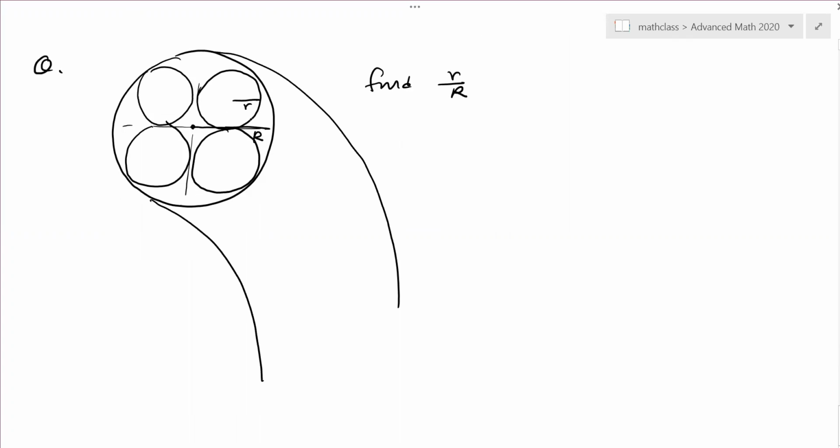If you know the radius, capital R, can you figure out the radius of the smaller circles? So there are 4 wires inside. This is a very realistic problem. We need to figure it out.